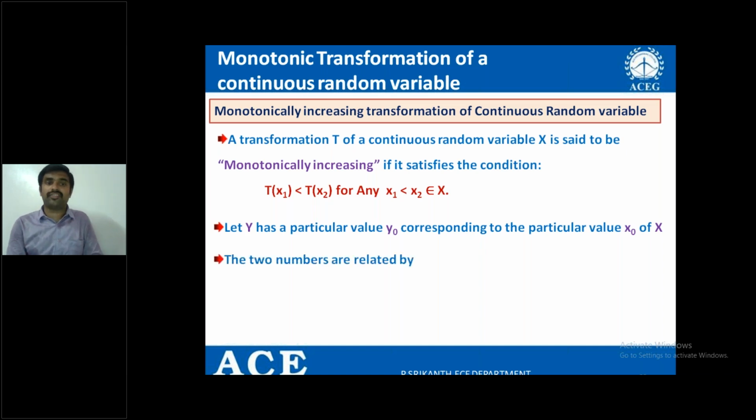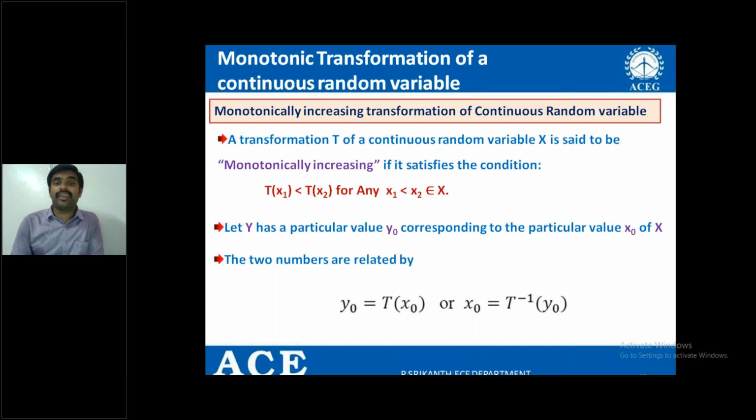So how do you take the relation? The two numbers are related by y0 equal to T of x0, or x0 equal to T inverse of y0. That is the relation.